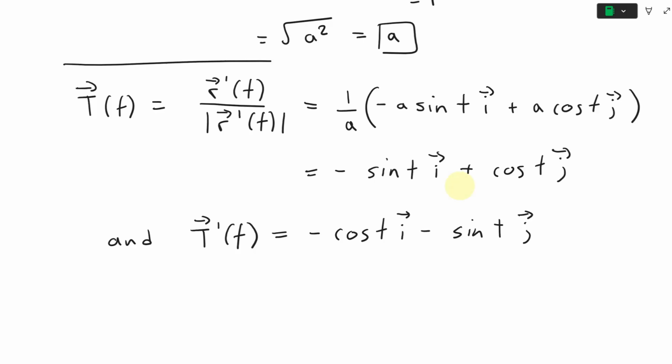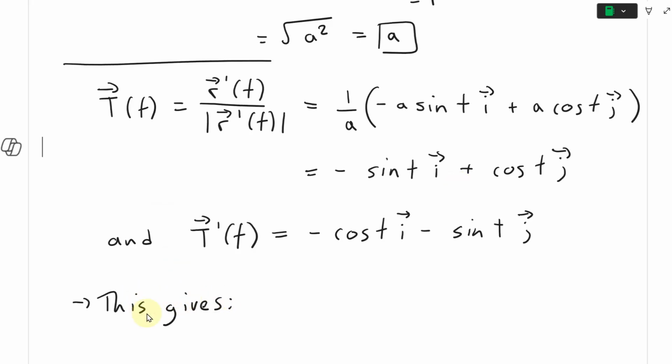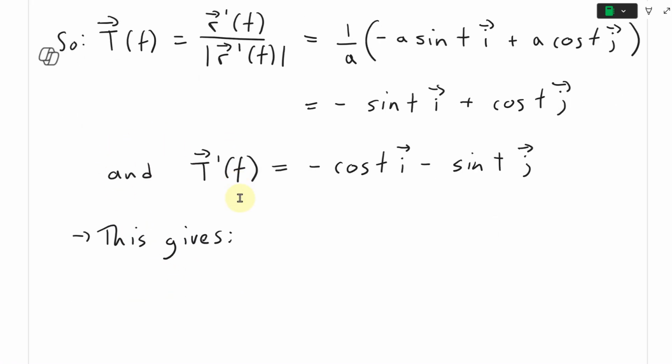So fascinating stuff there. All right, and now I wrote this gives, and also here I'm going to write, so that equals that, and now this gives, and now we take the length of this, so the length of this derivative of the unit tangent vector.